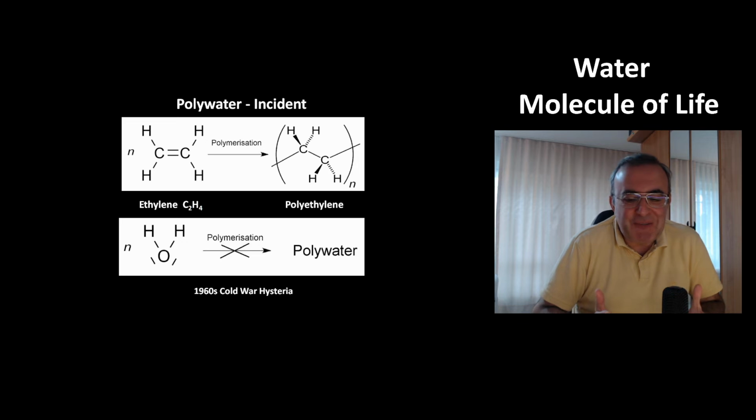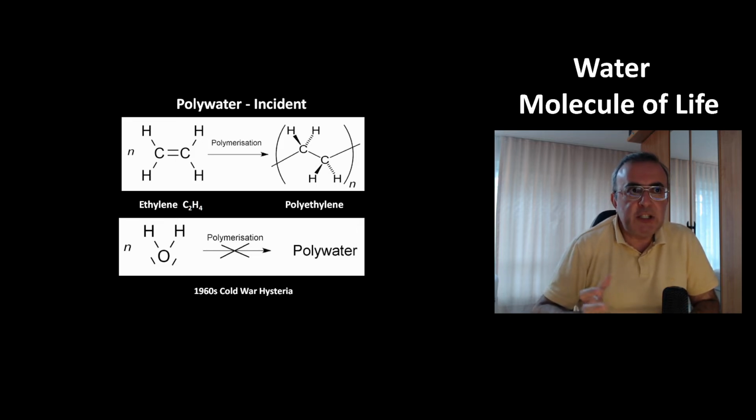But there's one problem: Polywater doesn't exist, and the reason for that is water has a high bond energy, and there's no driving force for polymerization. You can see on the top the polymerization of ethylene to polyethylene. This is due to the fact that the carbon-carbon double bond has a lower bond energy than two carbon single bonds.